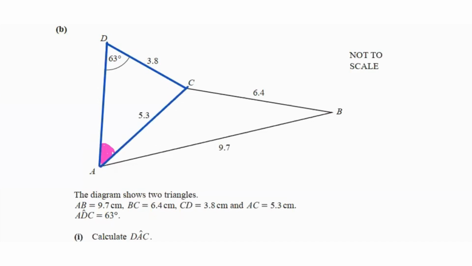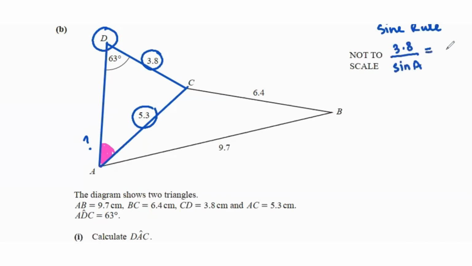We will use the sine rule because we have one length and a complete angle set, and for the other we have the length and have to find the angle. So that meets the condition for the sine rule. That's 3.8 over sine of angle A equals 5.3 over sine 63.